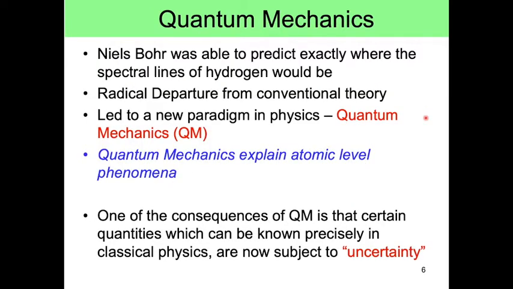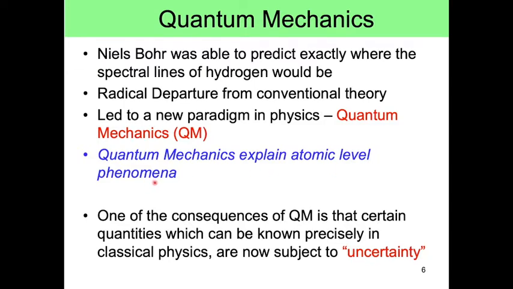In this way, Niels Bohr, a pioneer of quantum mechanics, was able to predict exactly where the spectral lines of the hydrogen atom would be. This was a very radical departure from the conventional theory, and it led to a new paradigm in physics called quantum mechanics, which can explain all sorts of phenomena at the atomic or subatomic scale.